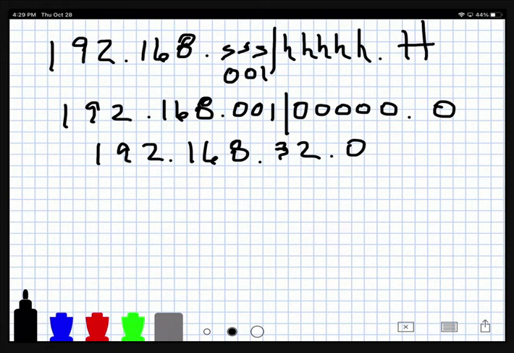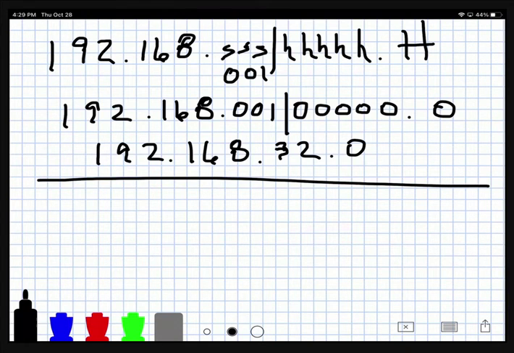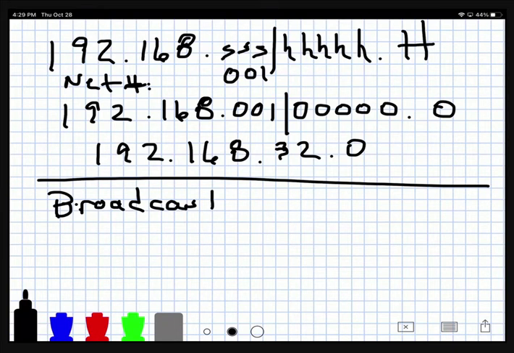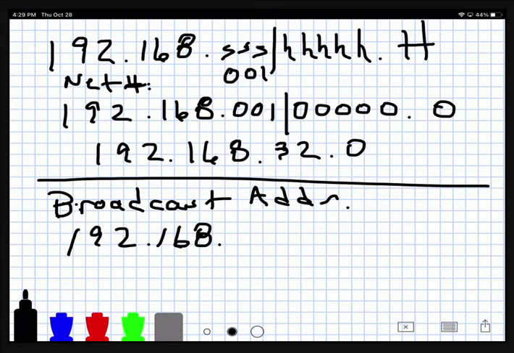Now, if we go to the second one, which is what is the broadcast address. So this was the network number, and this would be the broadcast address. Okay, so we start out with our original network, which is 192.168. We're still talking about subnet 1, so this is 001.